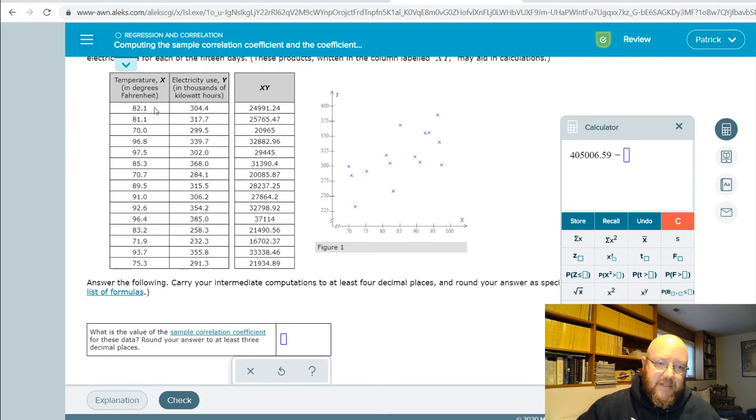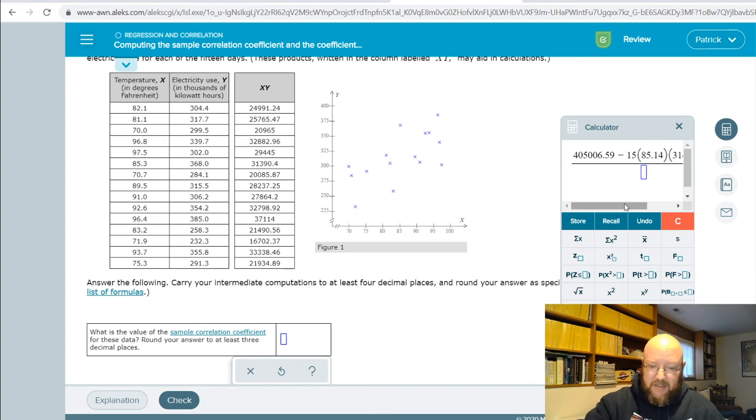Of course, it doesn't tell us that, so you have to count these: 1, 2, 3, up to 15. 15 times x bar, 85.14, times y bar, 314.2667. You can hit divide, but I like to grab this whole thing because sometimes I jack it up. Hit divide, so it's all over it now.